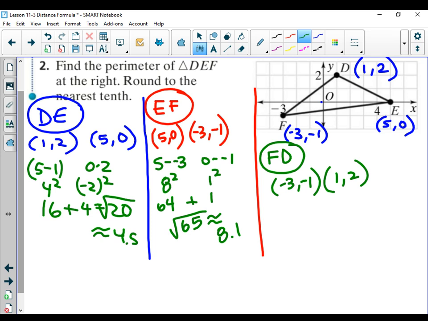So my E to F or F to E, whatever order you did, I have an 8.1. Speak now. I got 4.5. I have one of those also. Oh wait, I have a 4.5 and I have an 8.1. Oh, I was looking at the wrong one.